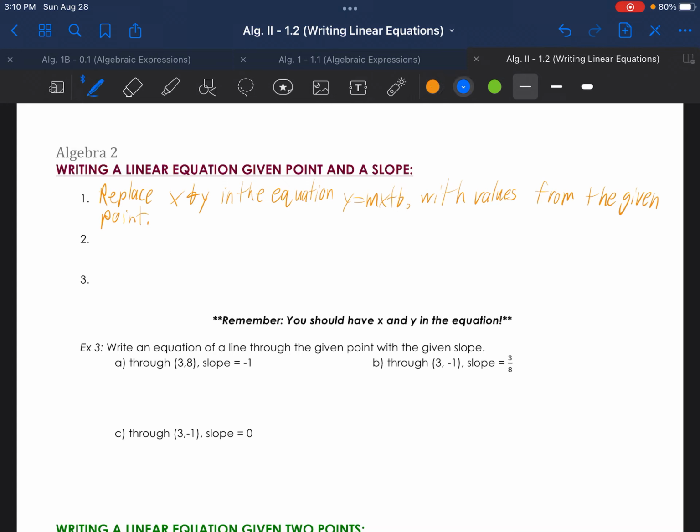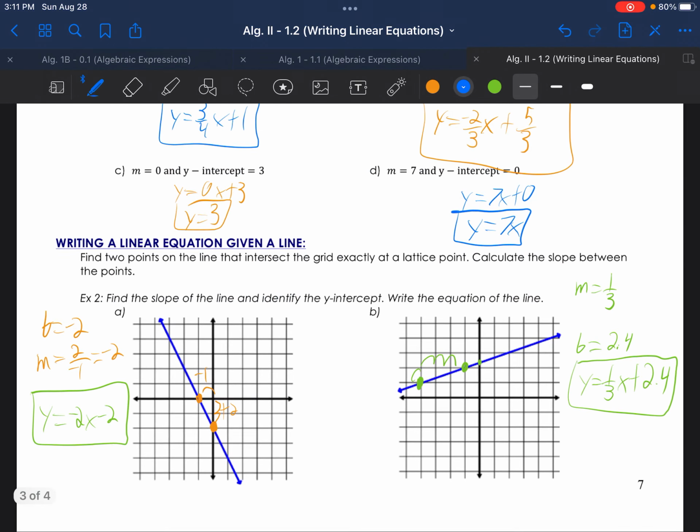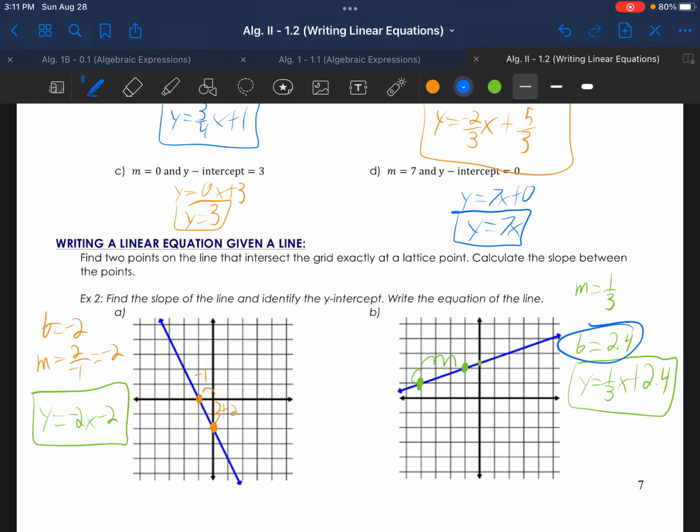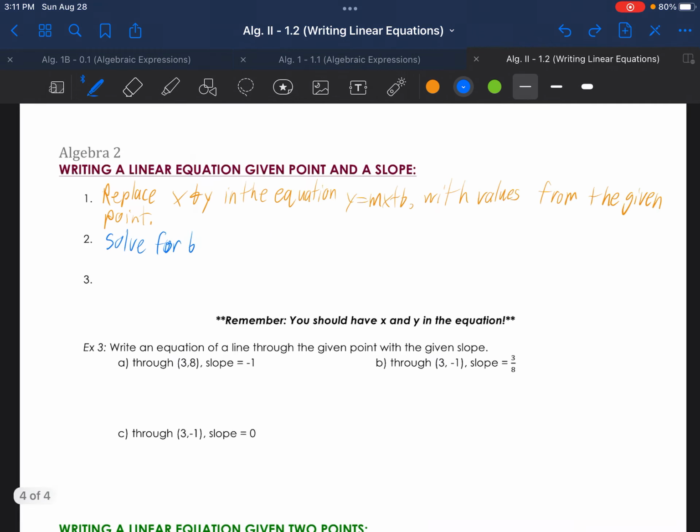Your step 2 is to solve for b, to find that y-intercept that you're not given. So in this example, we're going to find what we estimated as 2.4. We're going to find out what it actually is exactly.